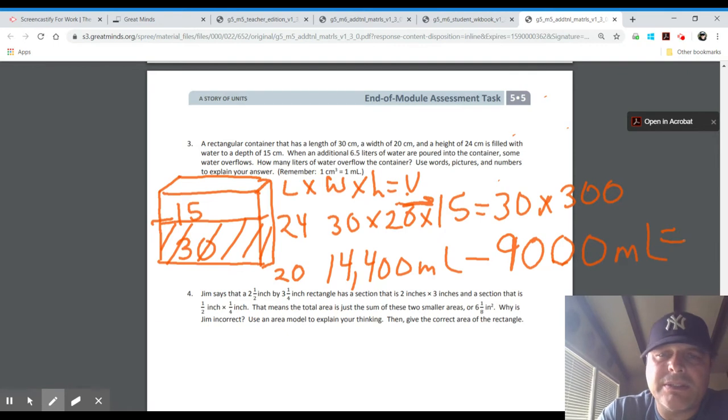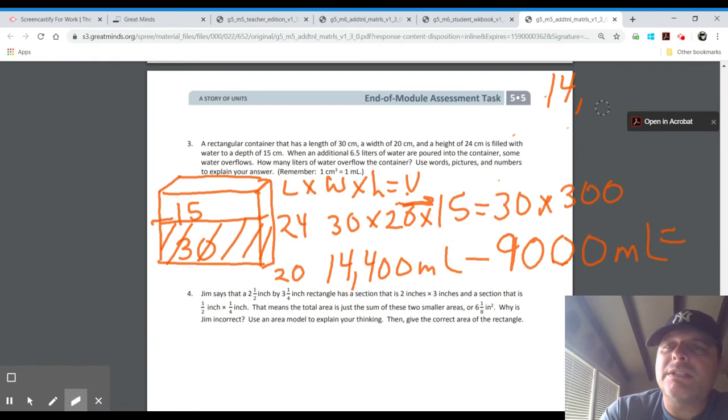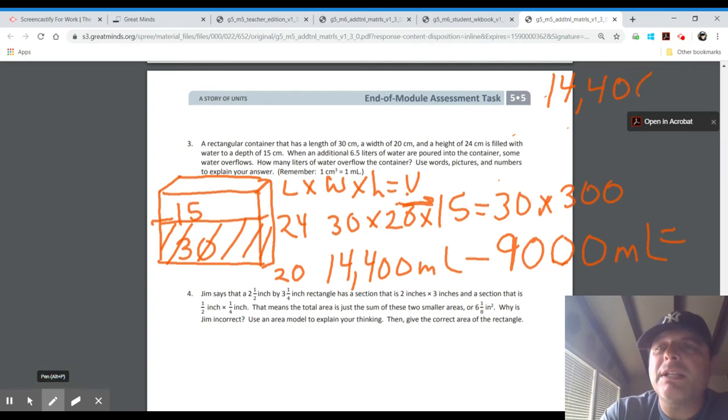So let's do 9,000 taken away from 14,400. I know 9,000 is only 1,000 from 10,000, but why not practice our subtraction? I know some people are going to pull out a calculator, but I like to do it the old-fashioned way.